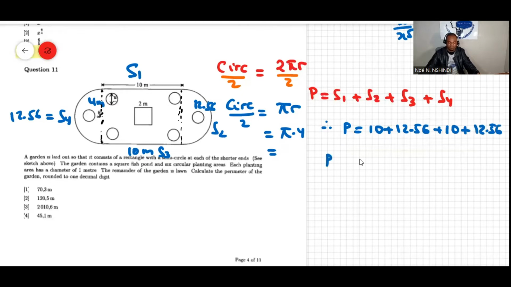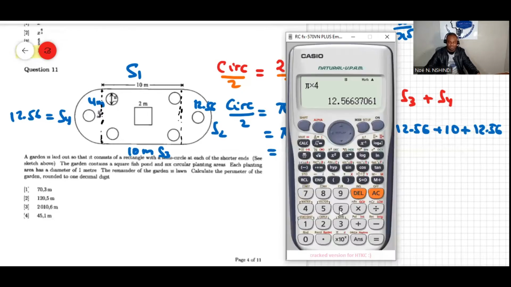So the perimeter will be equal to 12.56 plus 12.56 plus 10 plus 10. When we hit equal, whenever the calculator displays an answer in fraction form, we ought to press S to D to get the answer in decimal form.